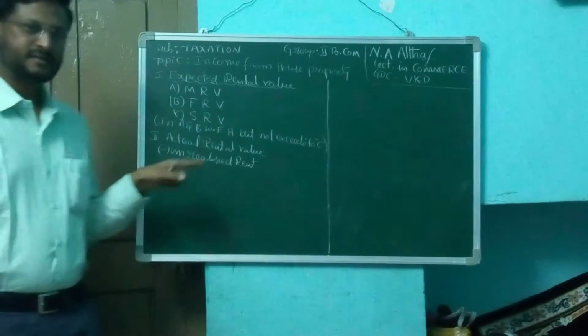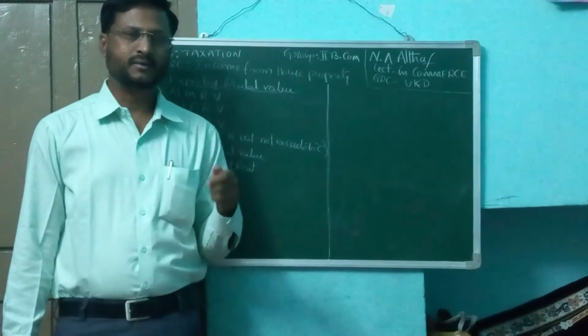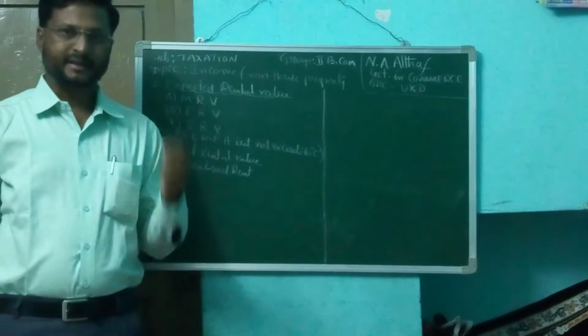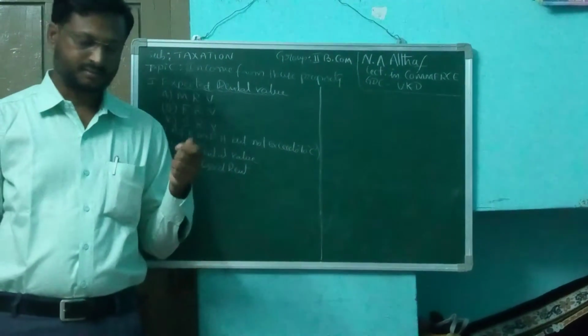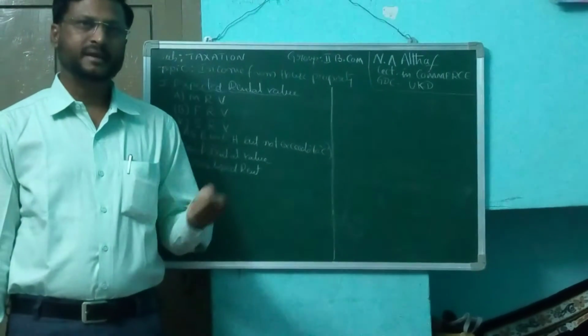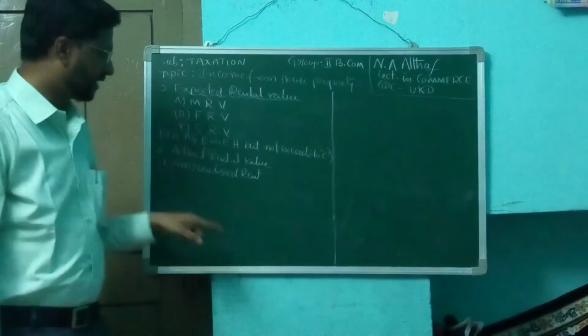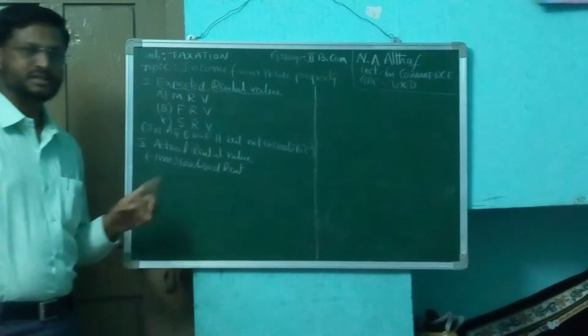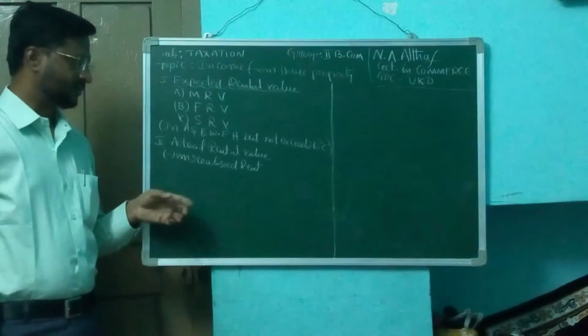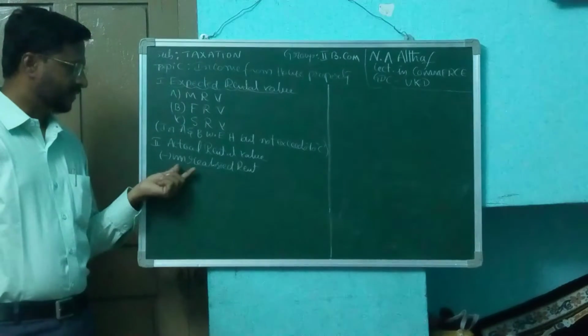This happens when we are not letting out our house for 12 months, or for less than 12 months, or sometimes tenants are not paying rent to us in a particular financial year. At that time, we are unable to receive any rent from that house. That should be deducted, so the actual rent is what we received after dues.